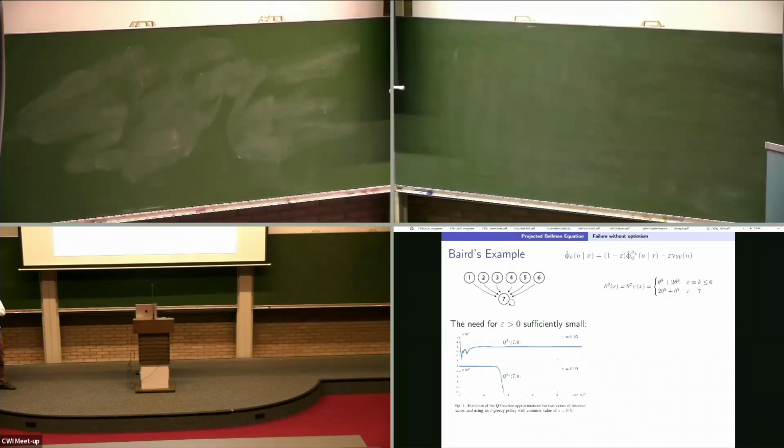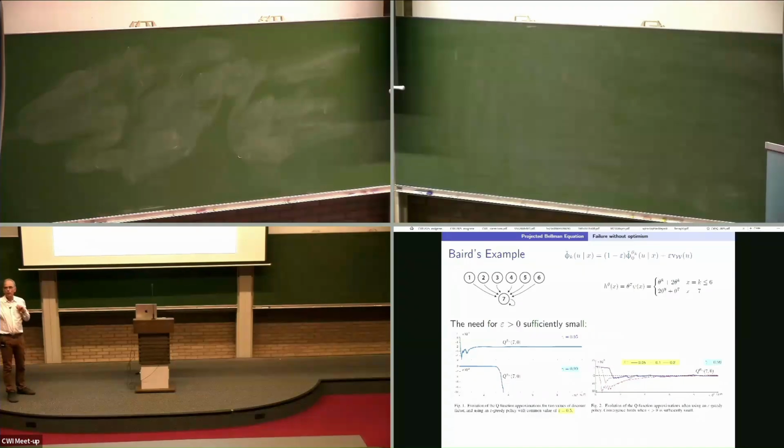So you would need a smaller epsilon. 0.5 is too big. Epsilon 0.2 works, and anything smaller, you get stability of the algorithm. So even though you couldn't see anything in that plot, I was showing you the eigenvalues, you couldn't even see if it was negative or not. It is stabilizing if you take epsilon small.